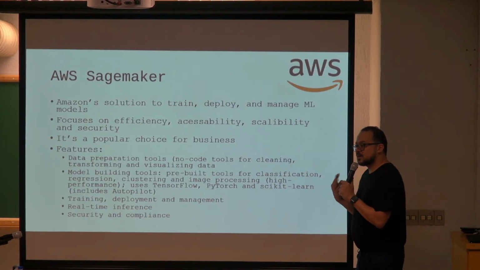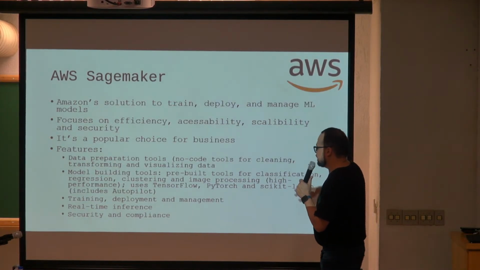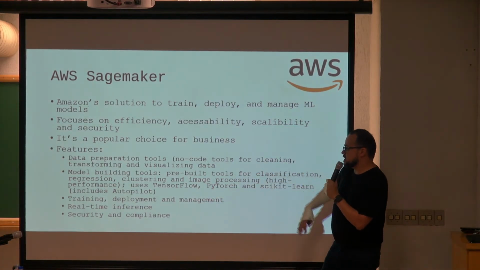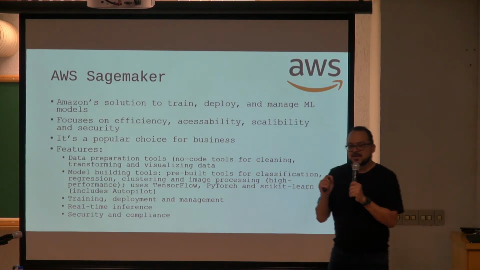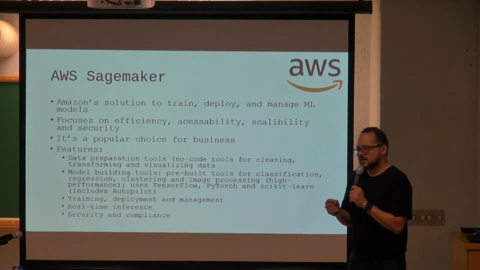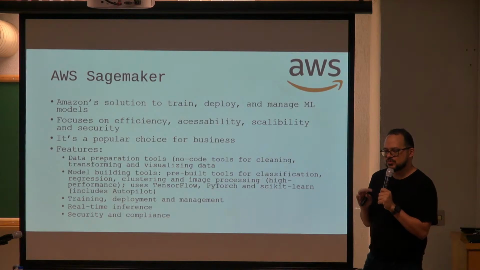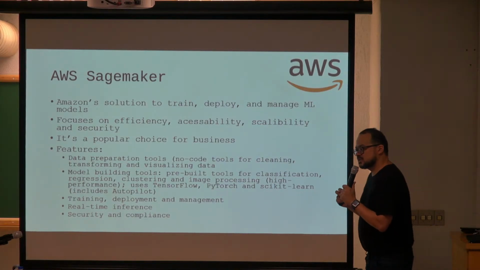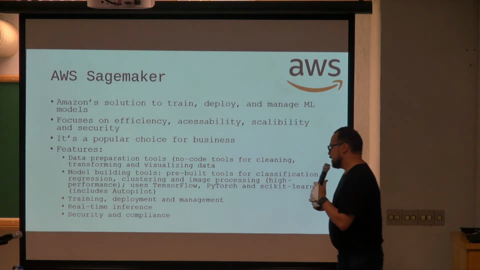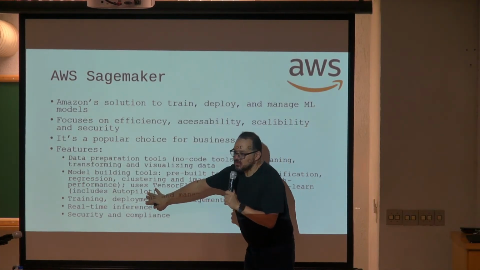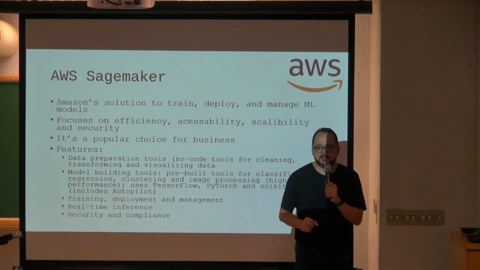And what are the type of models that we can run there? You can do regression, you can do clustering, image processing, but there is something quite cool that is starting to happen. Well, it's been happening for the past 2 to 3 years, and I think it will take a little bit more time for us to have a final product, something called Autopilot.